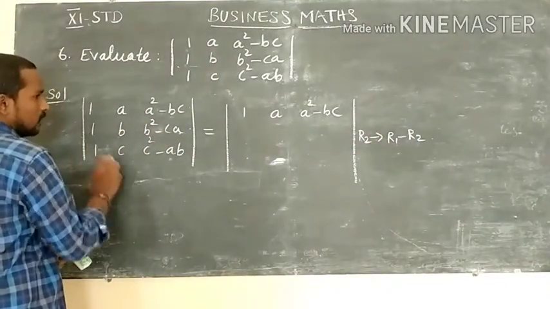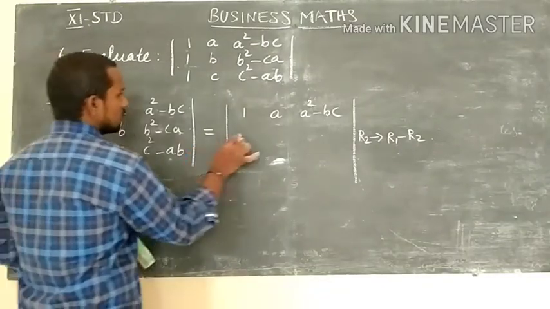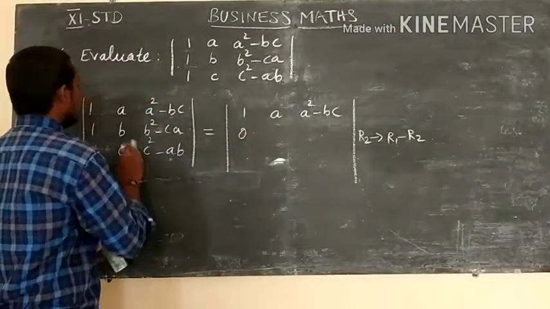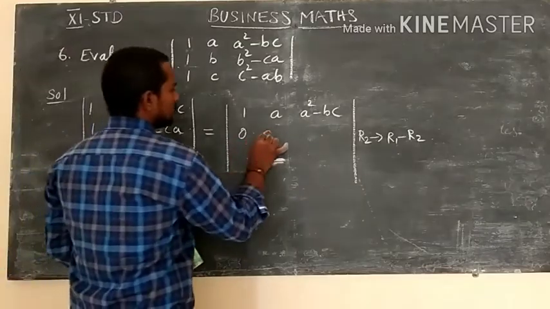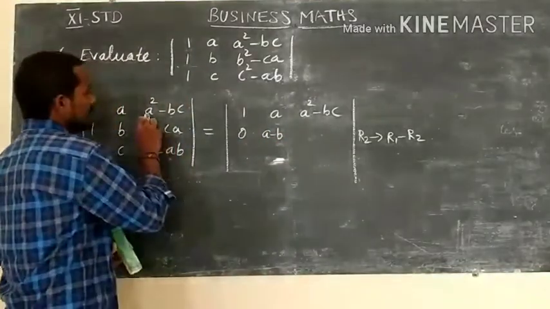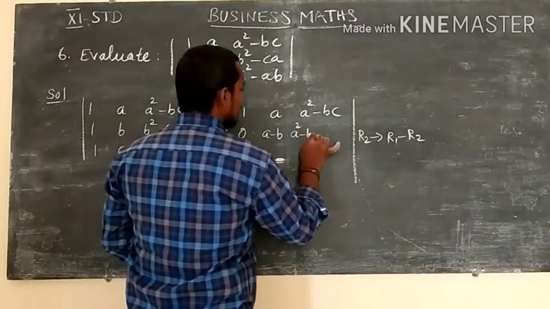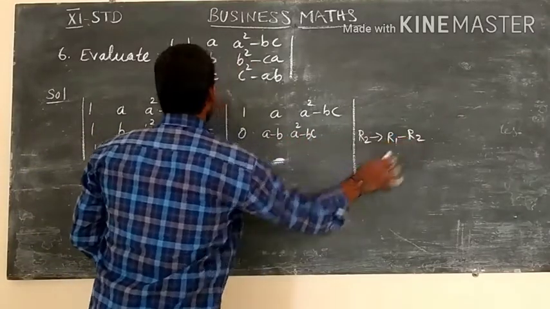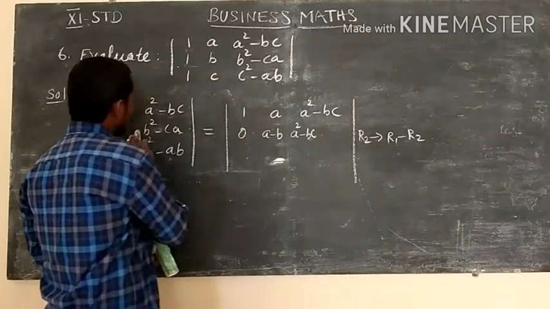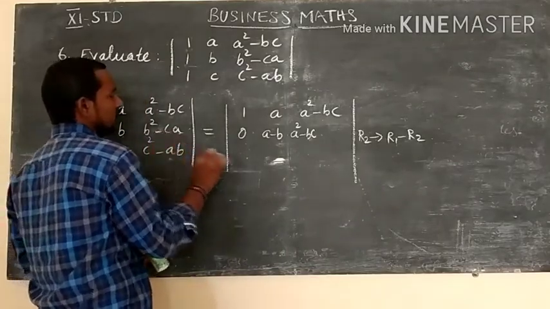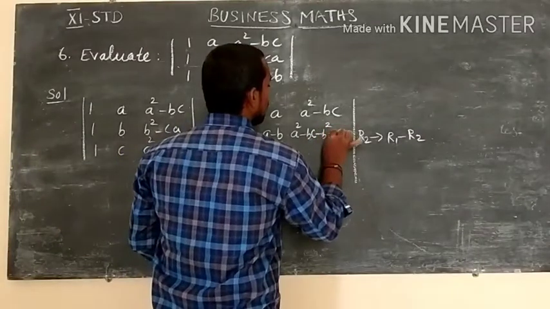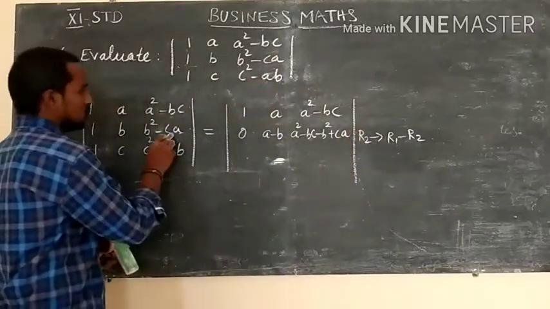So 1 minus 1 is 0. Then a minus b. Then a squared minus bc minus r2: minus b squared plus ca. Understood?